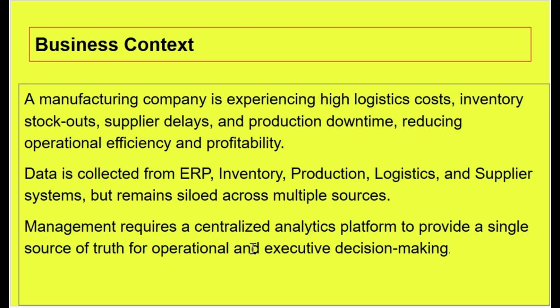So basically here, as you can see, we are dealing with a manufacturing company that is experiencing high logistic cost, inventory stockouts, supplier delays, production downtime, and reduced operational efficiency and profitability. And the data of this company is scattered across different departments.